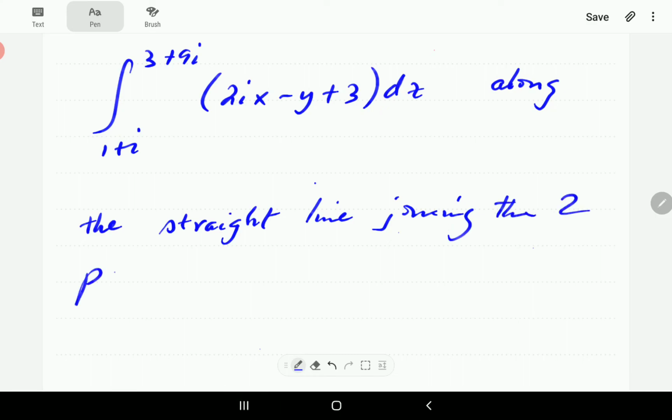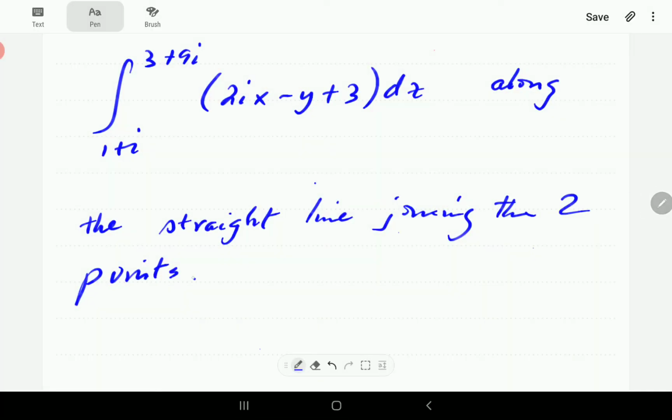So that's pretty similar to the example we did before. So if you just want to pause the video, work through this, and then when you continue the video, you can compare with our solution.